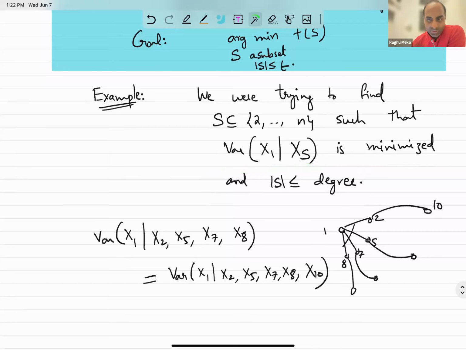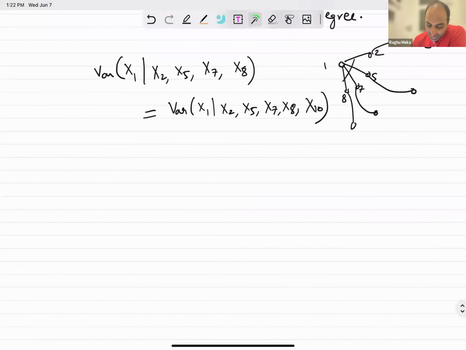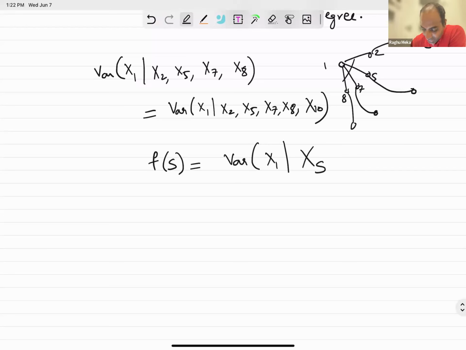So let's say we accept that intuition and that is our algorithmic goal. I can define a function now. F of S is the variance of x1 conditioned on x_S, where S is a subset of 2 through n minus 1.